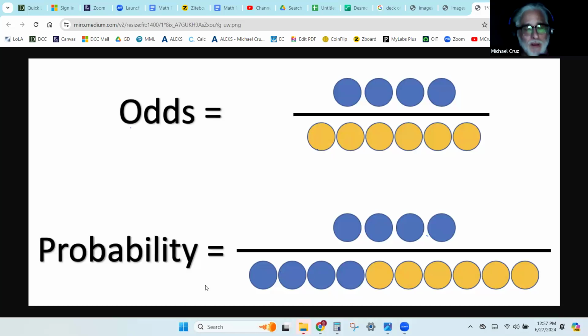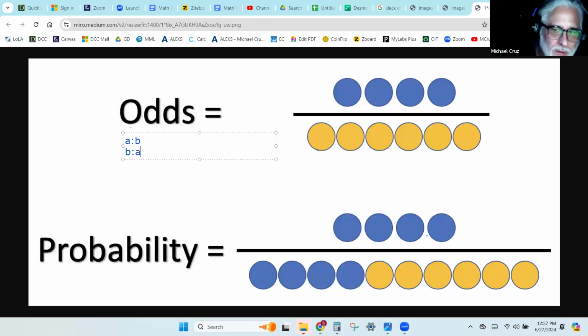It's always the division, but for the odds, it's the parts to parts one. And generally that's what we usually write, A to B or B to A. You can write it as a fraction because it's essentially the same thing.